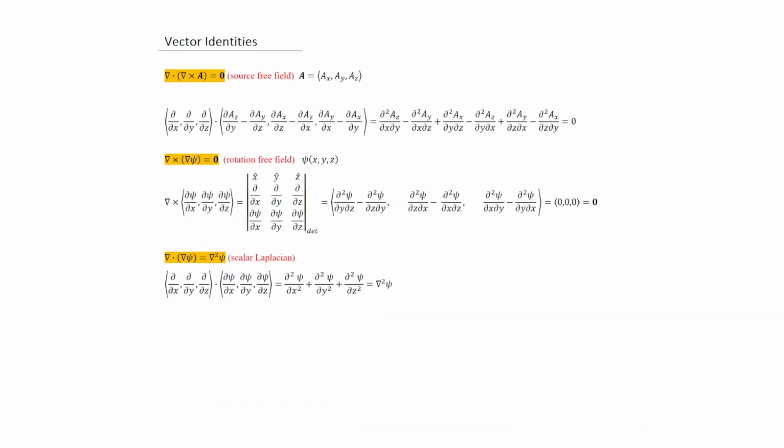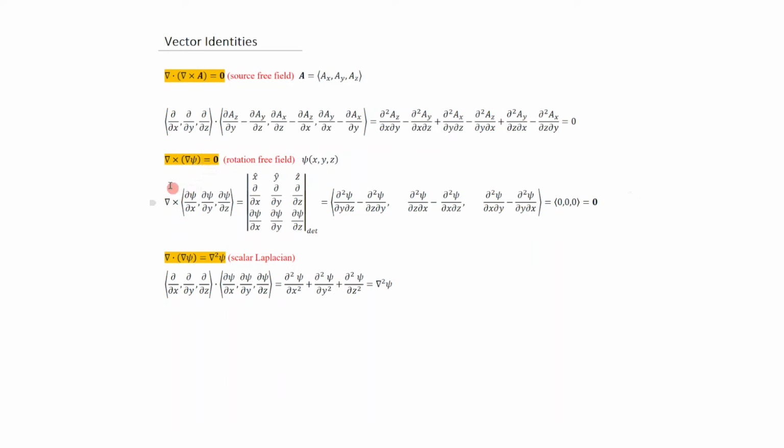All right, then we looked at a number of vector identities, and the two most important ones were the definition of a source-free field and the definition of a rotation-free field. If you take the divergence of the curl of a vector field, then that's equal to 0. On the other hand, if you take the curl of the gradient of some scalar potential, then that's equal to 0.